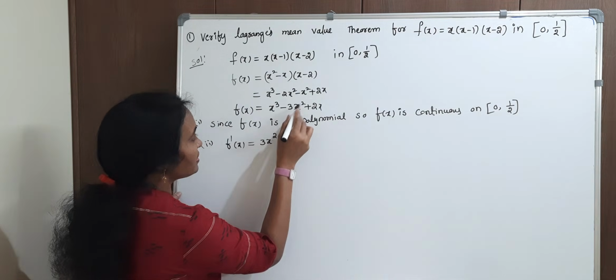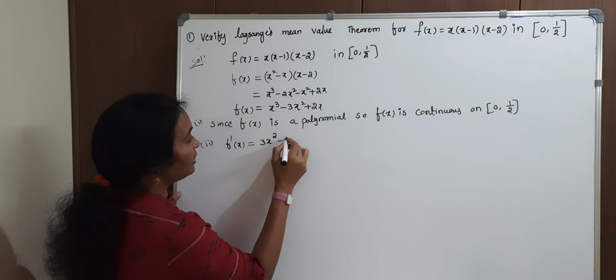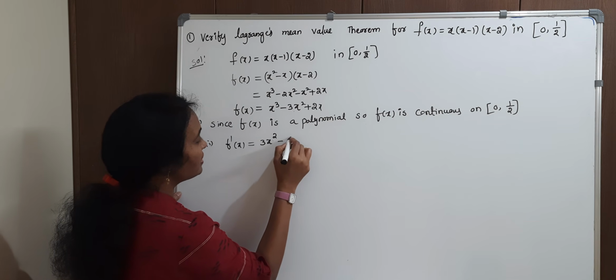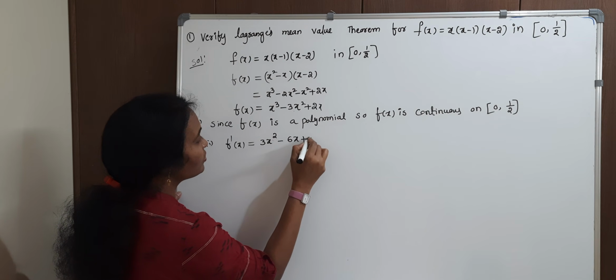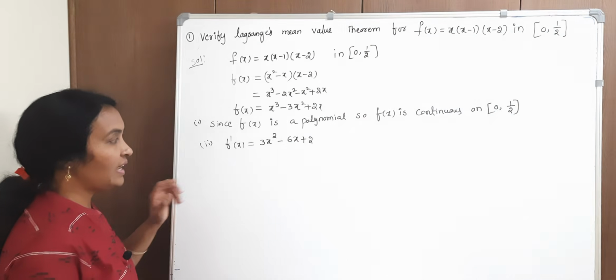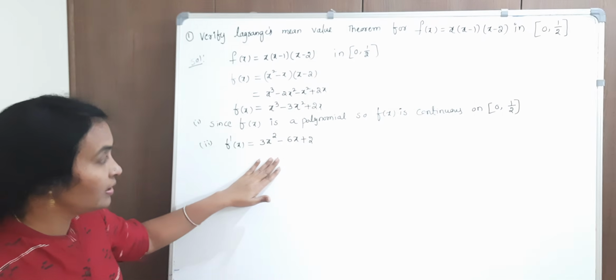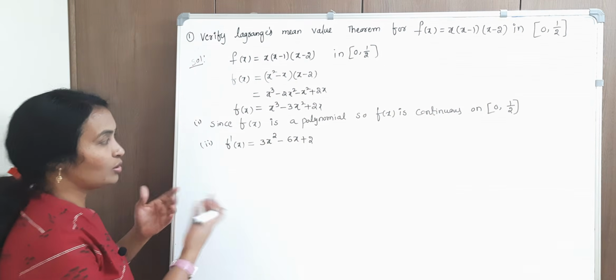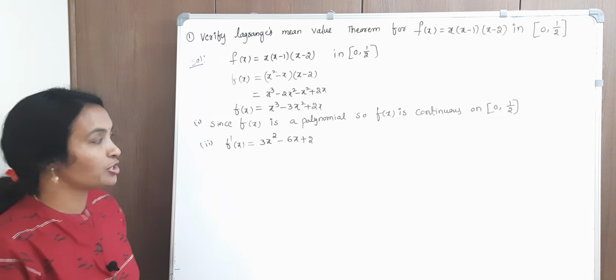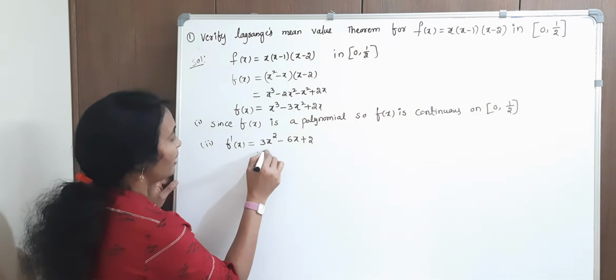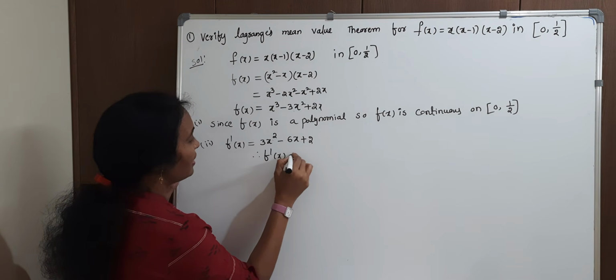Next, 2x into 3. What is the result? 6x plus 2. Done. F dash x also exists, right? If it does not exist, then it is not differentiable. Therefore, f dash x exists.